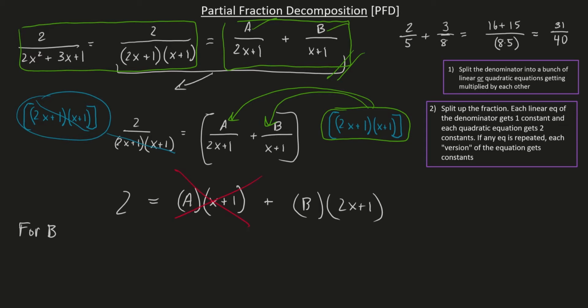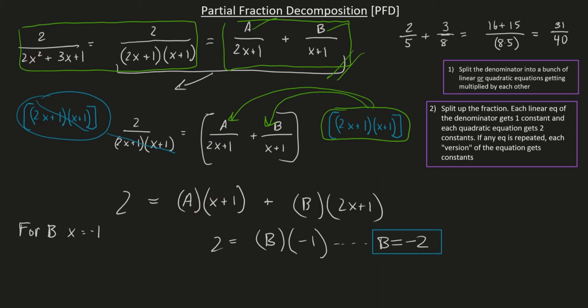In this case, that value would be -1. So I would plug in -1 for x, -1 plus 1 is 0. 0 times a is a big 0. And if I plug my -1 in here and do my math, what I'll end up with is 2 is equal to b times -1, and therefore b is equal to -2.